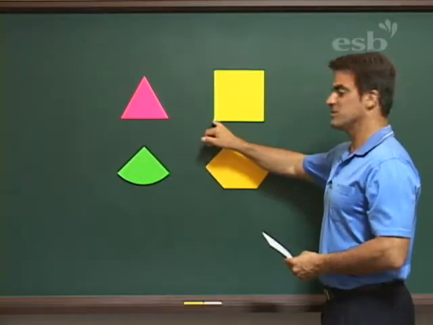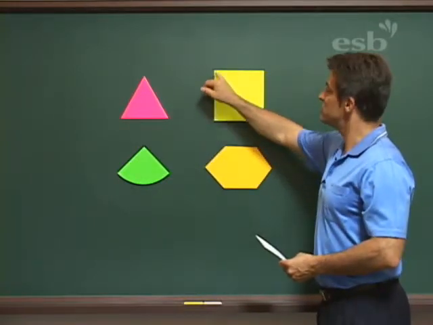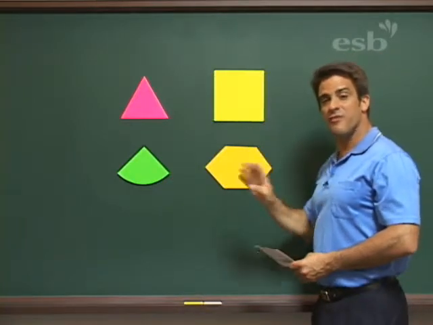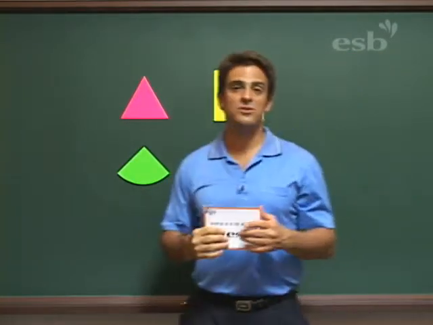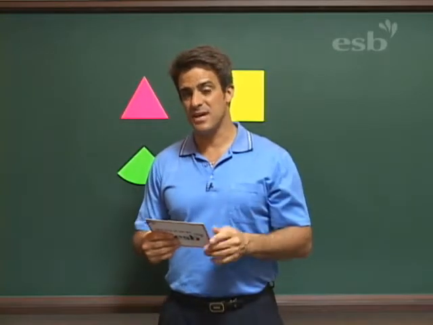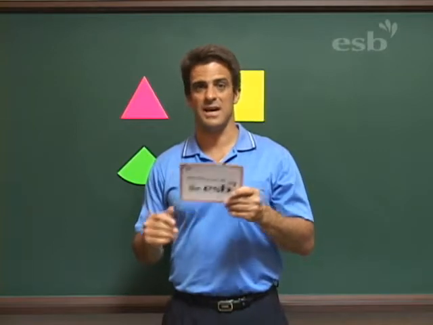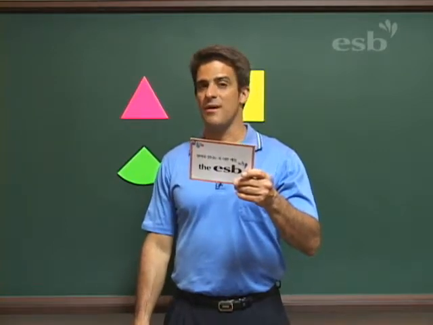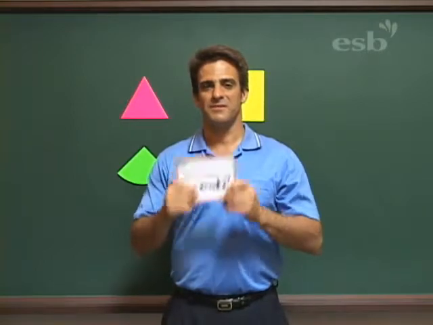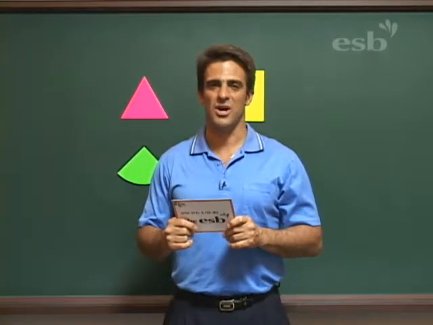Right, the angles. 1, 2, 3, 4. The 4 angles are also the same size. The sides are the same length, the angles are the same size, so a square is a regular shape. Very good, everyone. Great job.